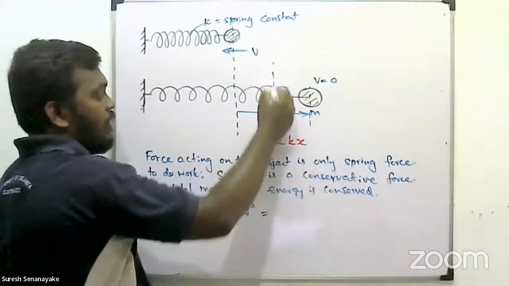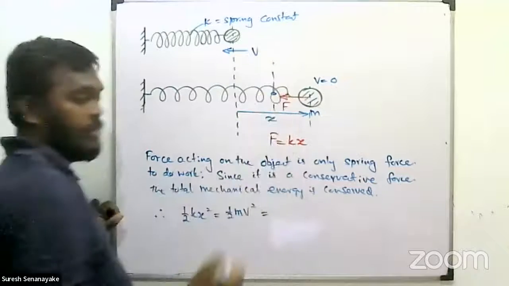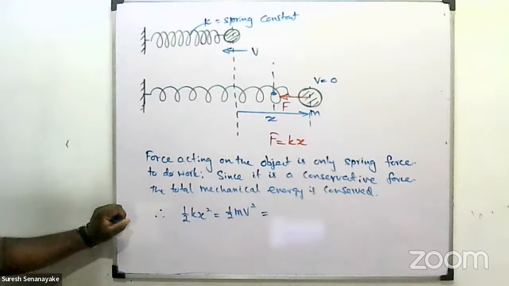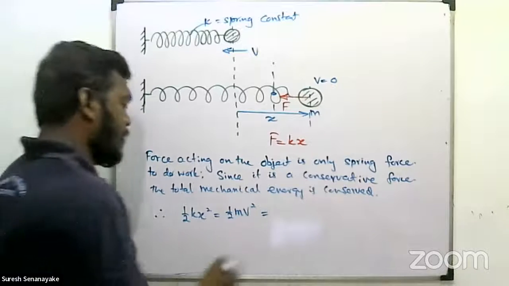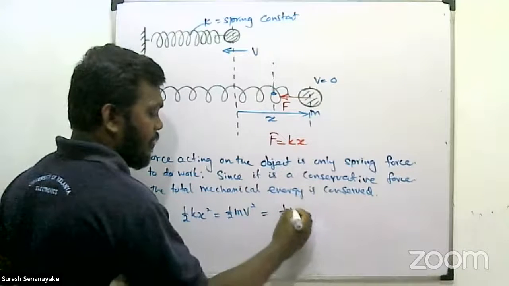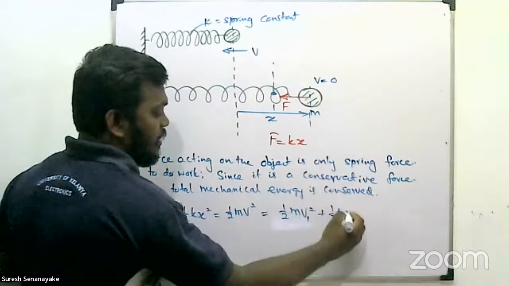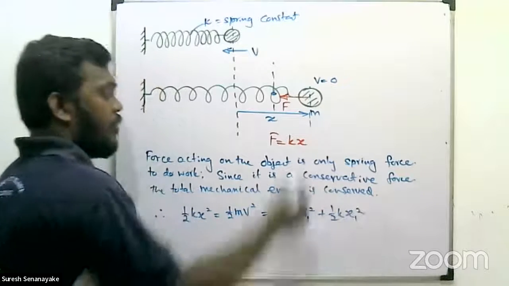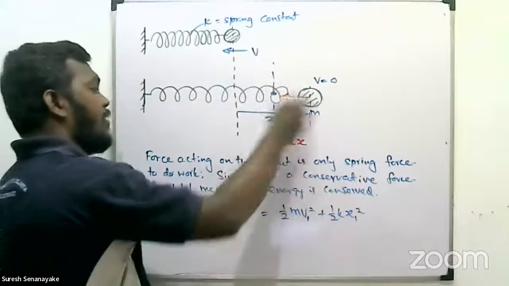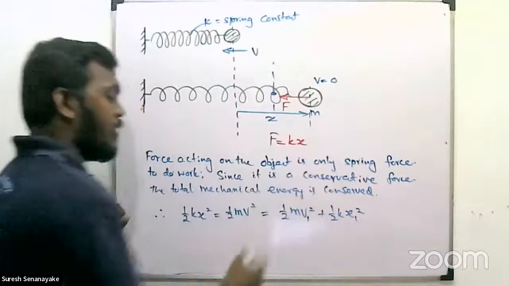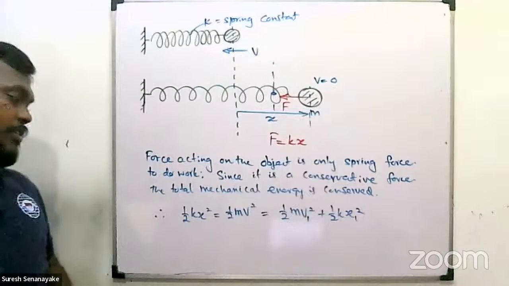Somewhere in between, at any point with extension, say, x1, you can write the energy as half mv1 square plus half kx1 square. At any point in between, both kinetic and elastic potential energies are stored.